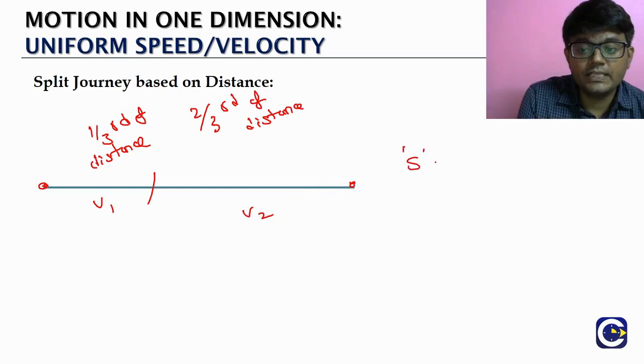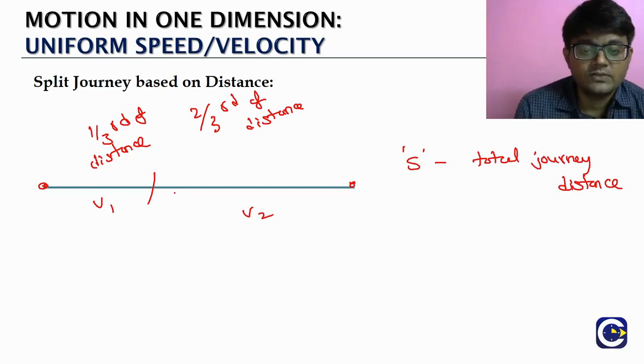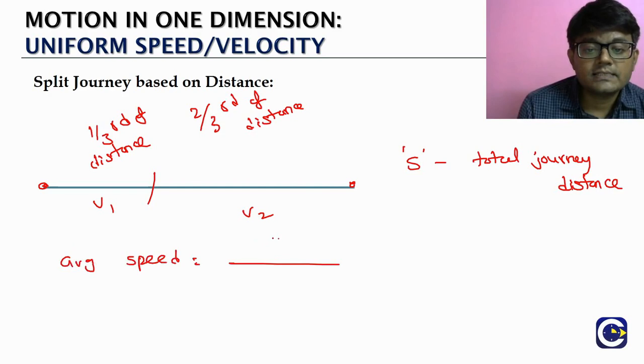Same as before, we'll start with the assumption that S is the total journey distance, because here the split journey is happening based upon the distance. Now the average speed formula is total distance traveled, which is S, divided by the total time taken.